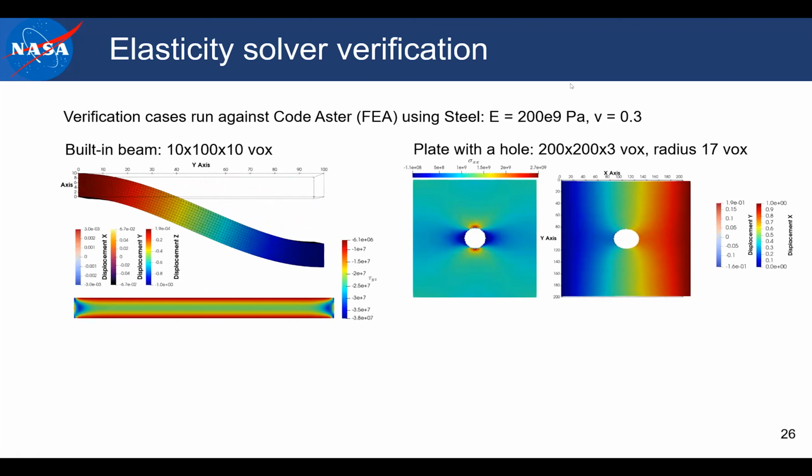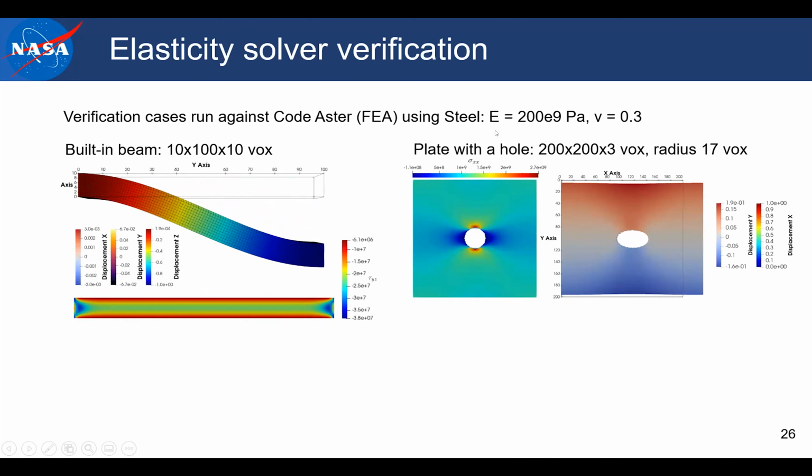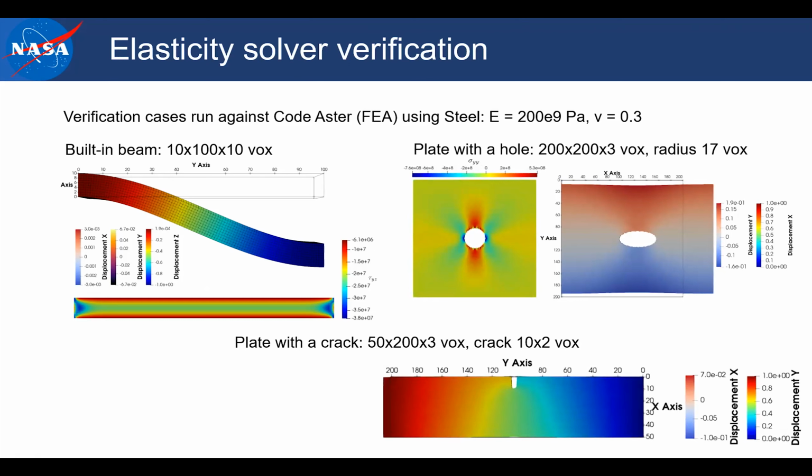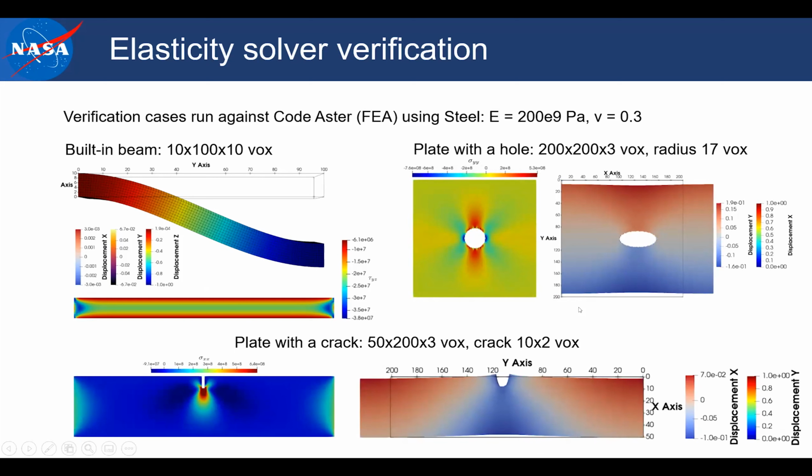This is instead a plate with a hole, which is another commonly used engineering test case. The different stress results look very similar between PuMA and Code_Aster. And on the bottom, it's a plate with a crack, where you obtain a singularity at the tip of the crack.